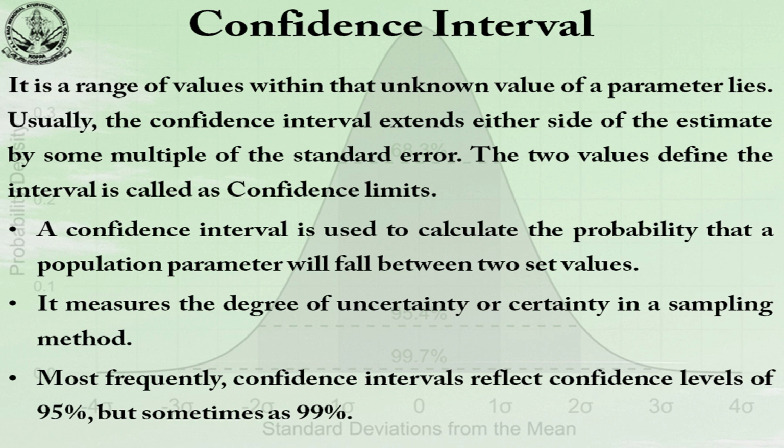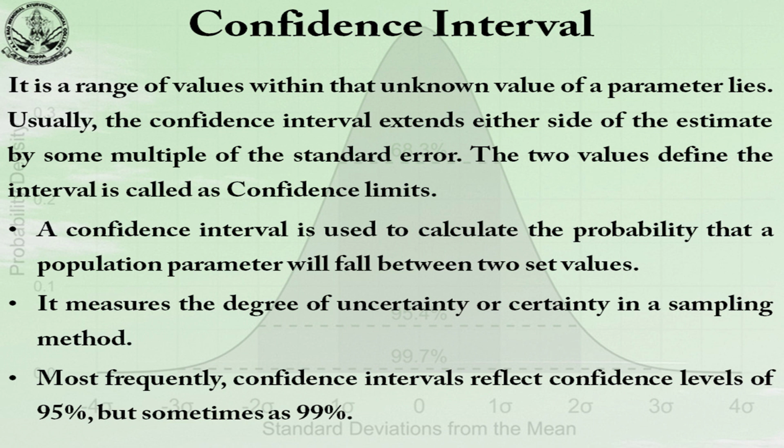The two values that define the interval are called the confidence limits. It means that if we want to prove that a particular medicine is better than another, standard medicine, the established drug, or less than that, we will do this in a two-tailed test also.